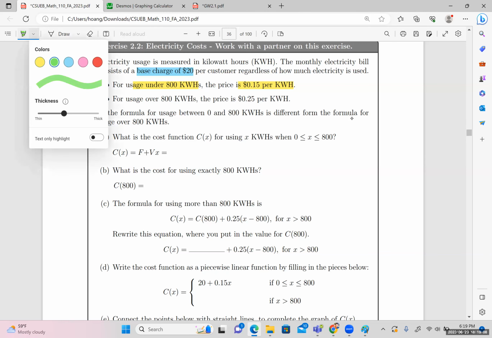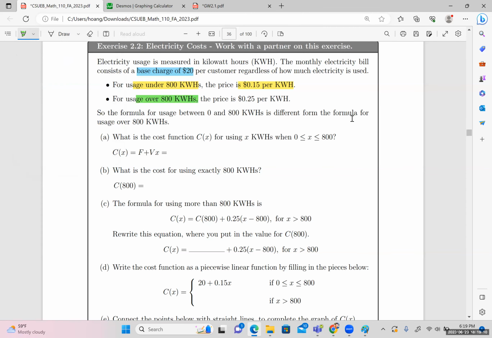But if you use more than 800 kilowatt hours, you will have to pay the rate of $0.25 per kilowatt.